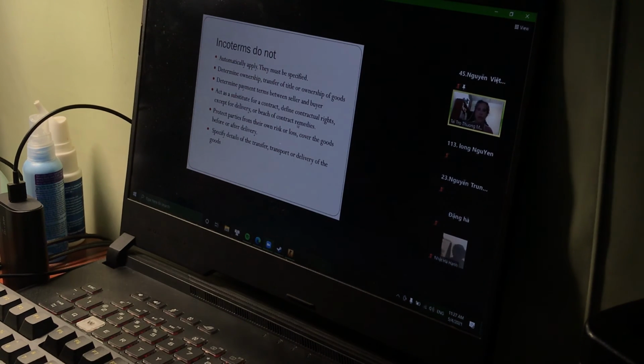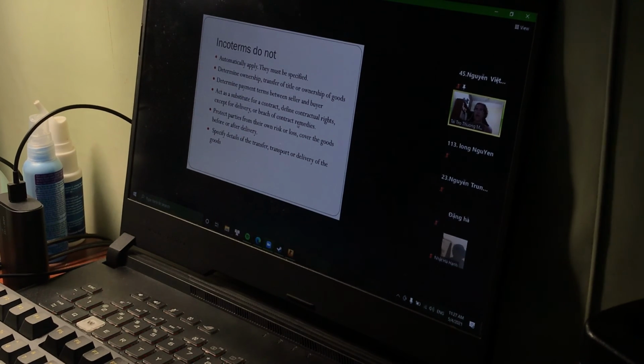Look at the last one. Incoterms do not specify details of the transfer, who transfers goods to whom. No. Just certain rules specify about that.